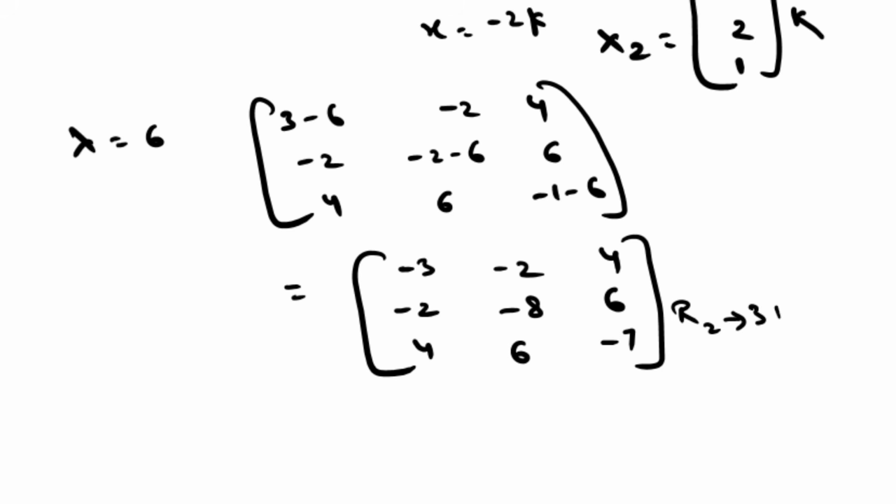Do R2 goes to 3R2 minus 2R1, and R3 goes to 3R3.